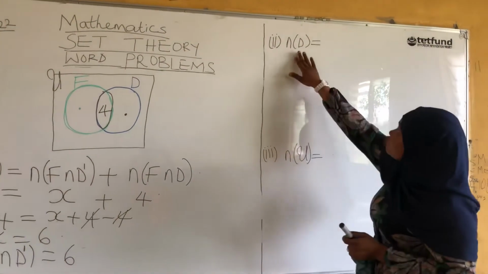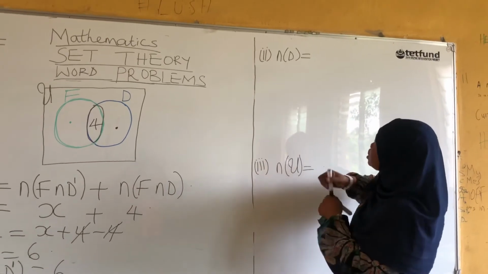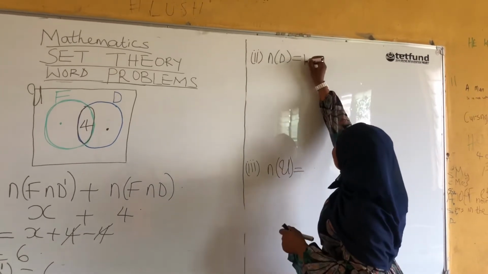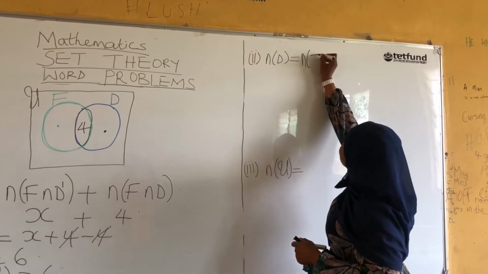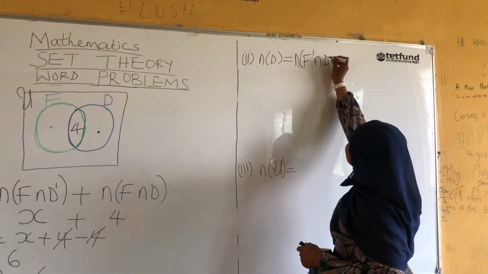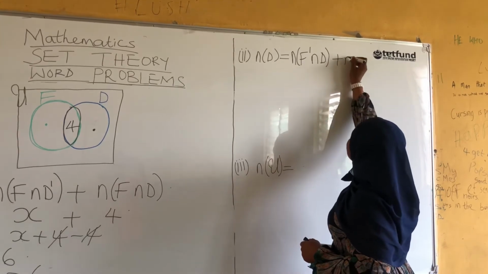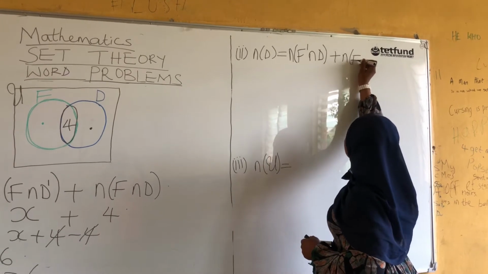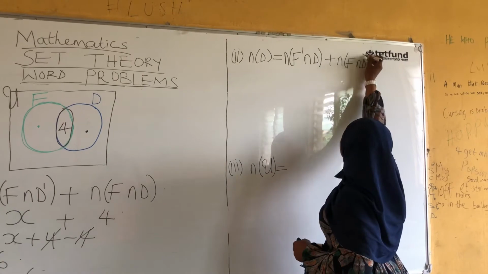So cardinality of disco will be equal to the number of those that do not dance to Fuji but only disco, plus the cardinality of those that dance to Fuji and disco.